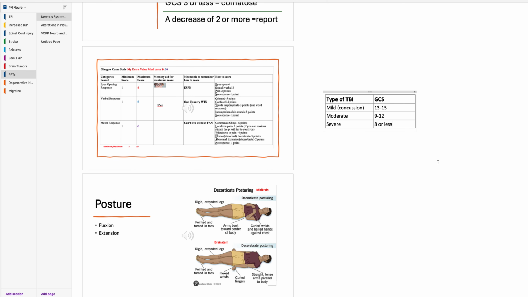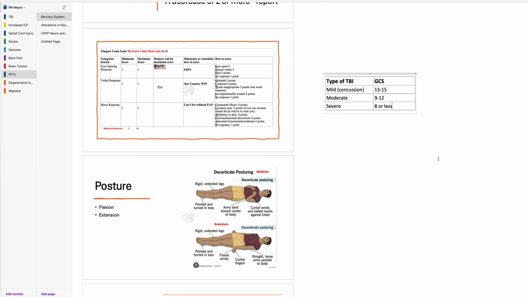Okay, now posturing, you need to understand posturing. There's flexion and there's extension, and they are located on the Glasgow Coma Scale under motor response. So if you notice here, flexion gets you 3 points, but abnormal extension gets you 2 points, okay?